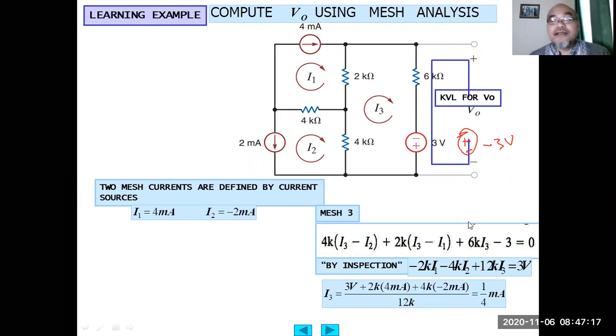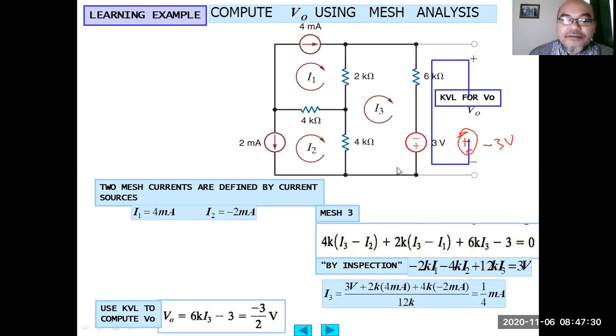Then the question is on VO, the V output. So how to find the V output? We can, for example, apply another Kirchhoff voltage law. So V output here will be equal to 6K.